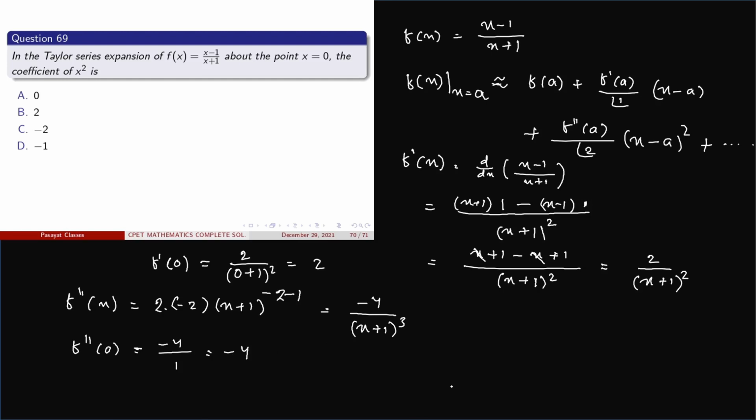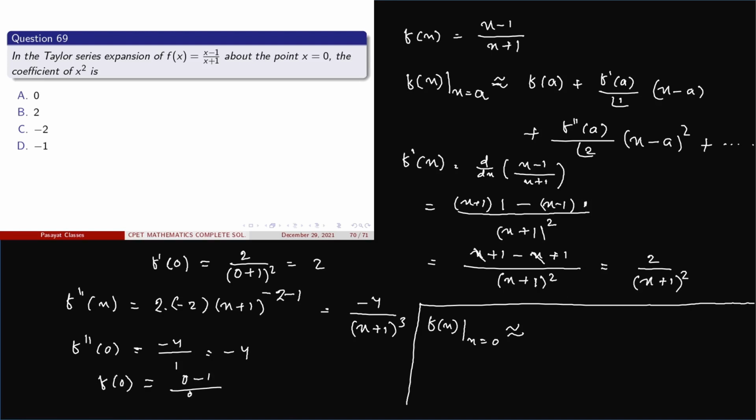So finally, now for f of x at the point x is equal to 0, our Taylor series expansion becomes f of 0. So what is the value of f of 0? First of all, evaluate this. f of 0 is equal to 0 minus 1 by 0 plus 1, which is equal to minus 1.